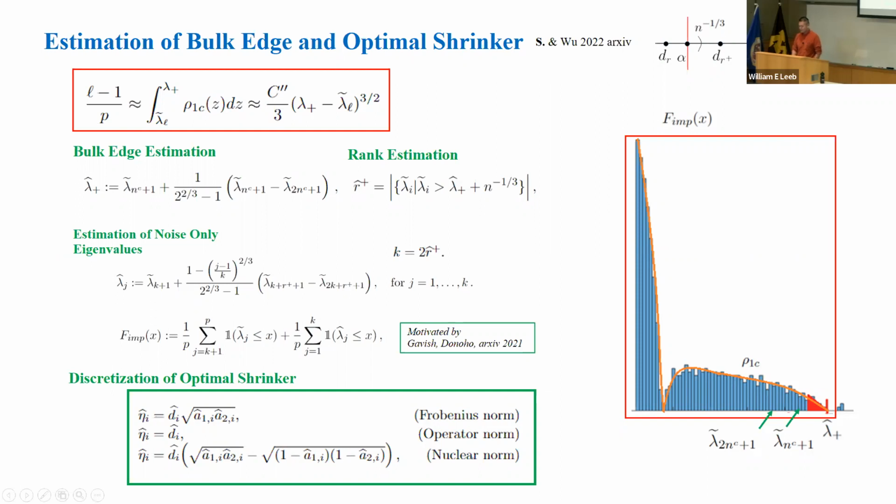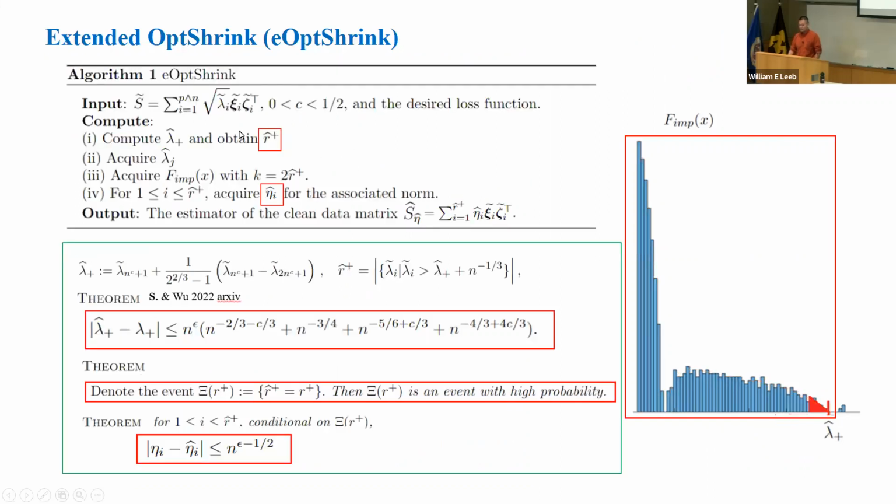So this is our whole algorithm. We only have the input of the noise-only data matrix and a constant c, which is between 0 and 1/2. Then we compute hat lambda, the bulk edge, and the estimated rank. Then we compute the estimated distribution. Then we give the estimated optimal shrinker.